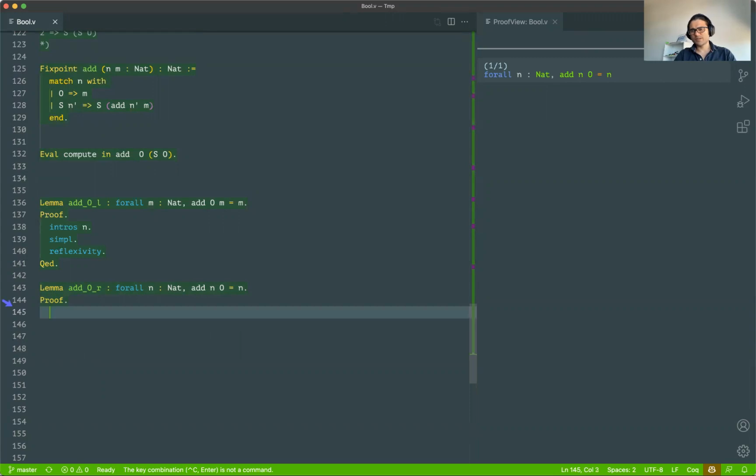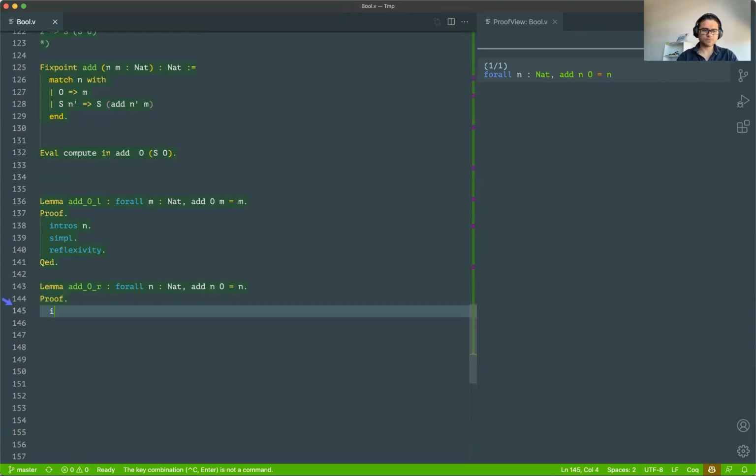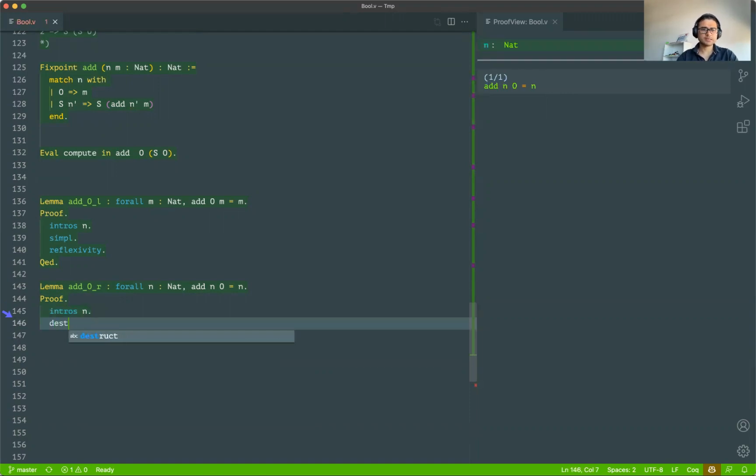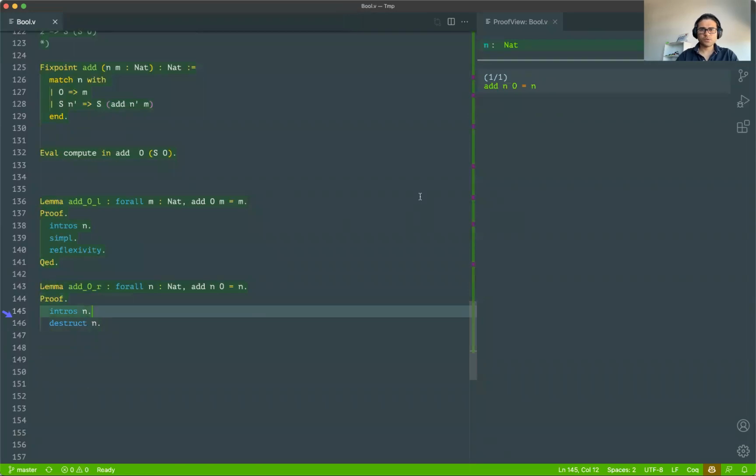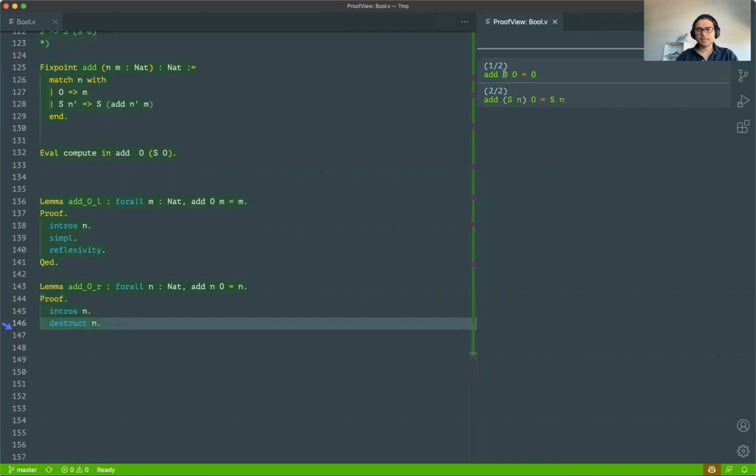Okay, so the things we have learned from the past, we can do intros n, which means I have assumed an arbitrary n in the context. Destruct n splits into two cases. When I'm doing destruct n, it's the first constructor O and the second constructor S.